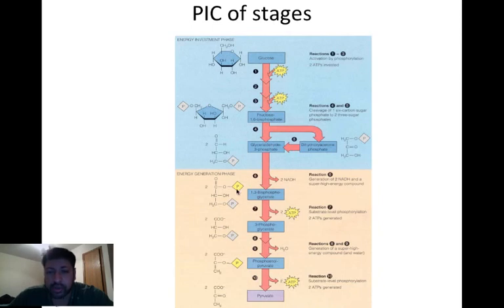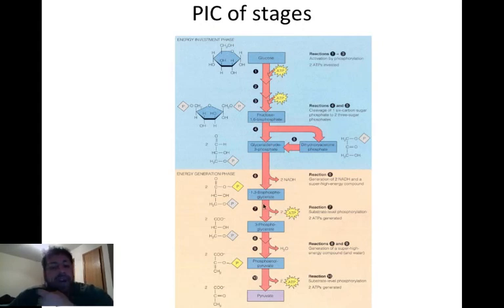So again, two phosphates attached at the first and the third carbon. Then when we go from 1,3-bisphosphoglycerate to 3-phosphoglycerate, notice we have lost a phosphate because now we are generating an ATP.